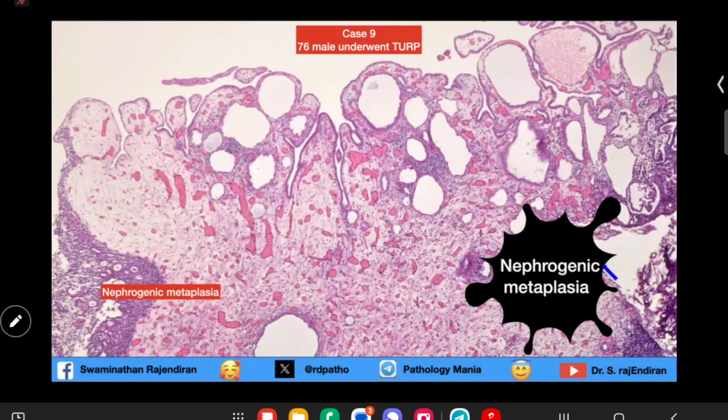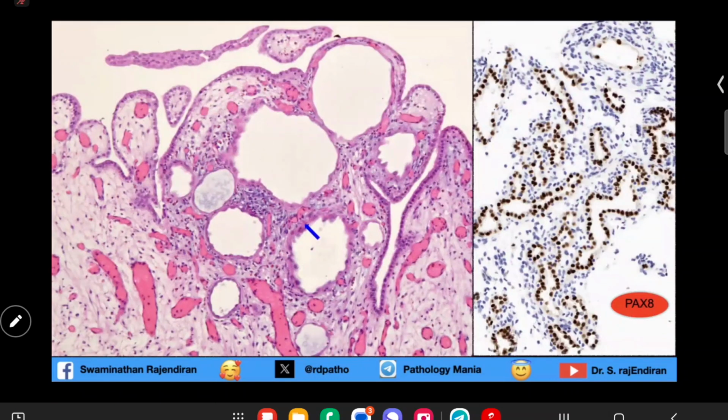Why do they call it nephrogenic? They think these are nephron cells or proximal tubular cells. They come in the urine and settle in the bladder or urethra, or there may be metaplastic change of the urothelium into nephrogenic lineage. And when you see it in high power, you can nicely see hobnailing, small cystic spaces, large cystic spaces, papillary processes.